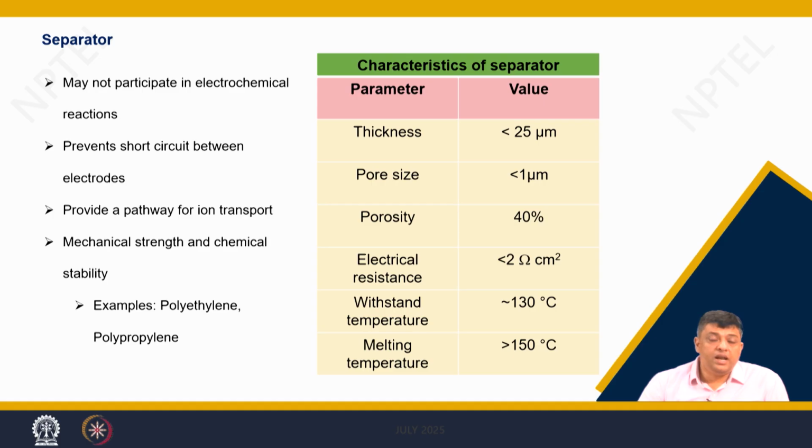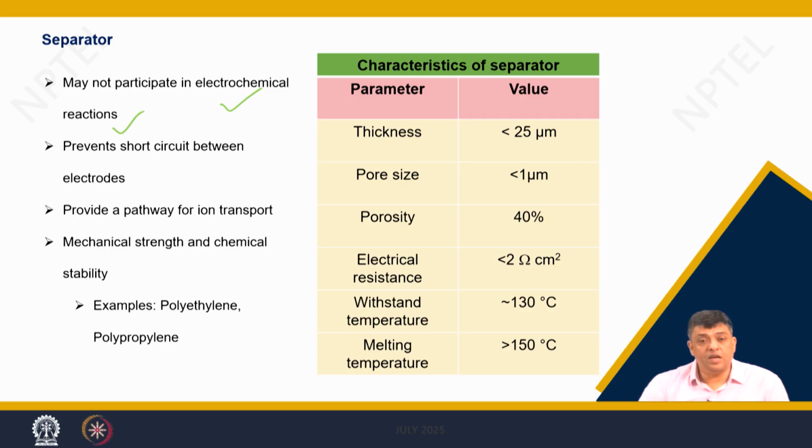Then you can have separators. You can see that there are various parameters which you need to choose before you decide the separator which you will use. First of them is that the separator should not take part in the electrochemical reaction itself, but it should have the capacity to prevent electron flow through it while allowing pathways for ion transport.